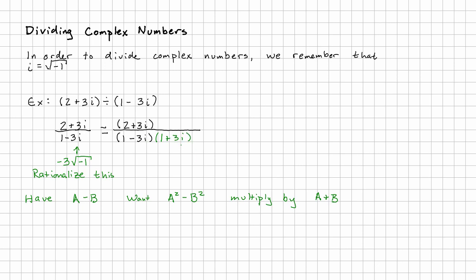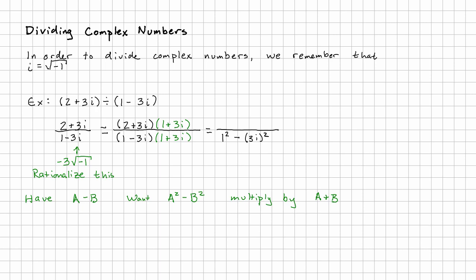Whatever we multiply our denominator by, we have to multiply the numerator by the same thing. So then, in the denominator, we'll have 1 squared minus 3i squared.